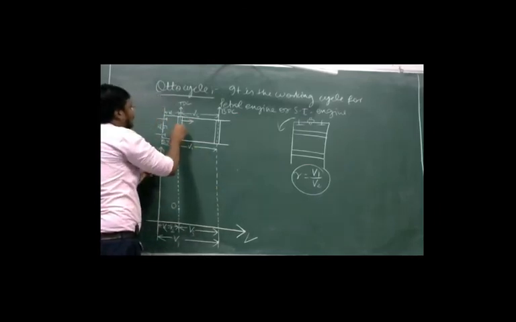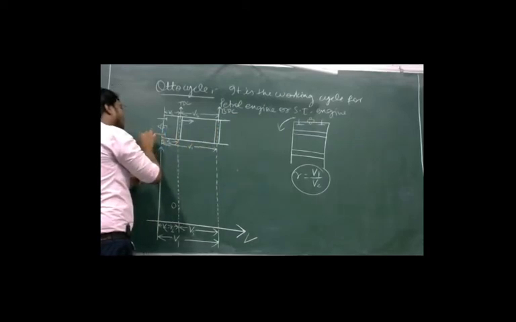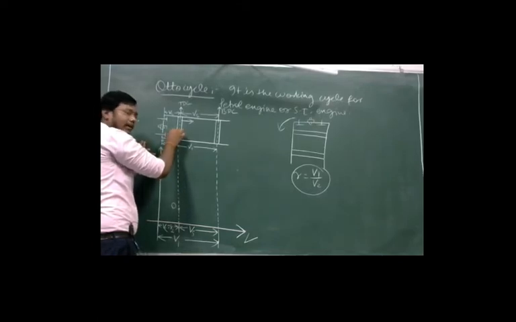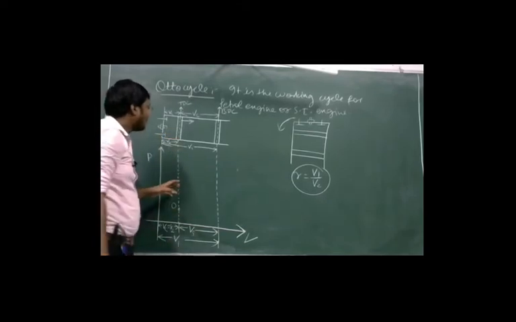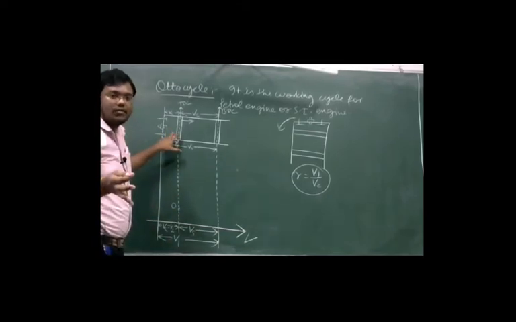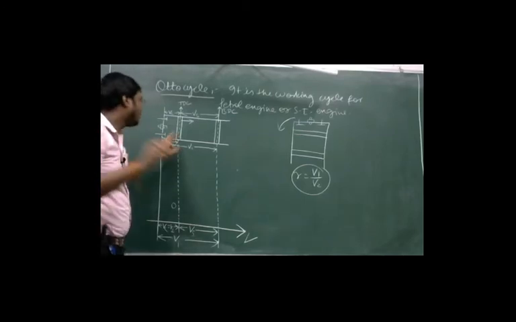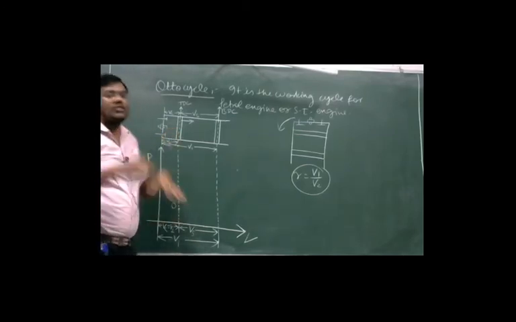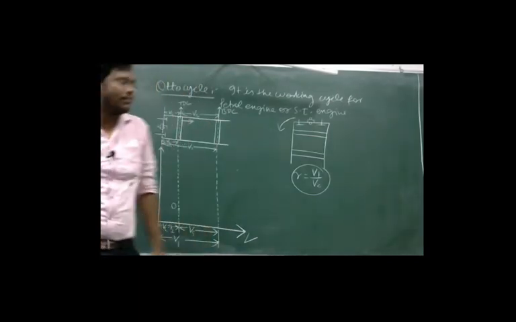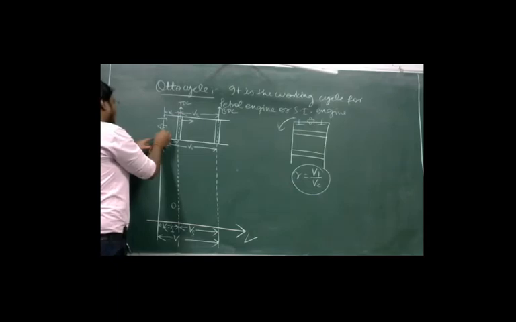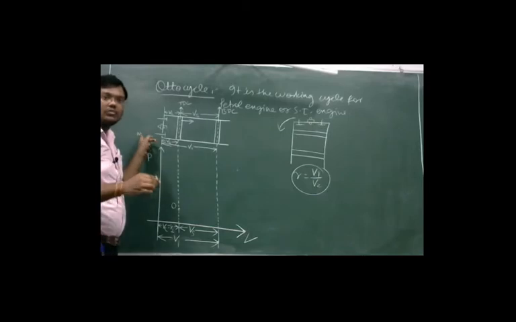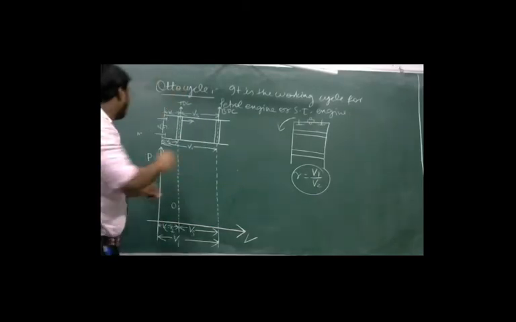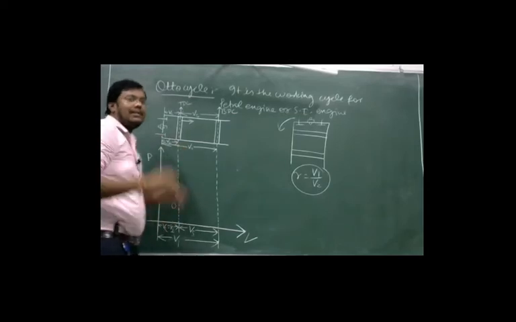And when the piston is moving from TDC to BDC, air fuel mixture from outside the cylinder comes inside the engine cylinder. And when this air fuel mixture comes inside the engine cylinder, pressure remains constant. Because in the starting I told you that the pressure inside the engine cylinder is equal to the atmospheric pressure, and the pressure of the outside air fuel mixture is also equal to the atmospheric pressure. So when this air fuel mixture comes inside the engine cylinder, pressure will remain constant.